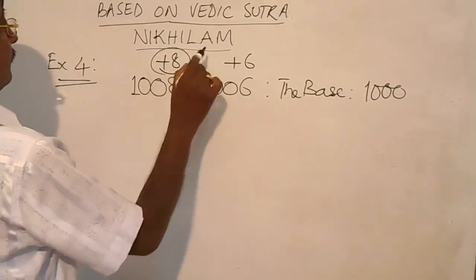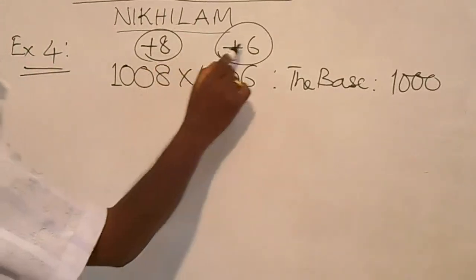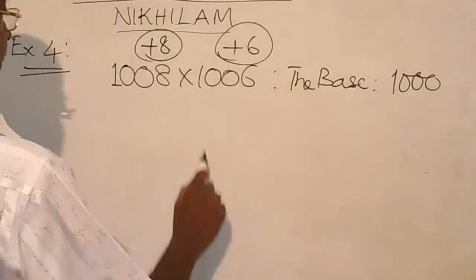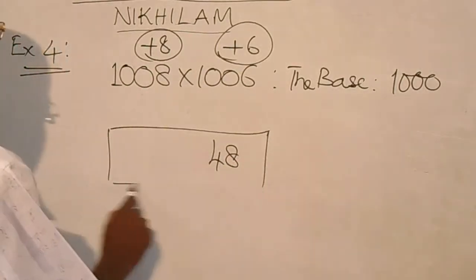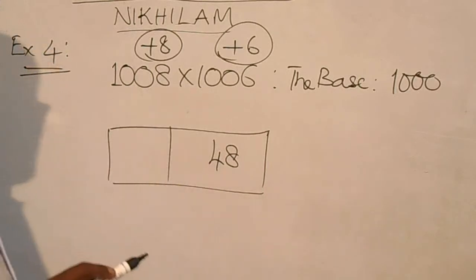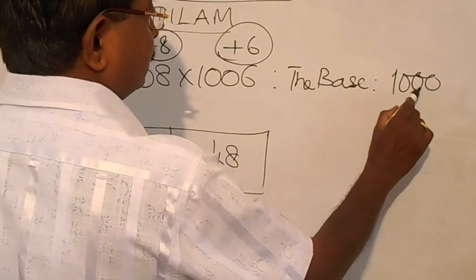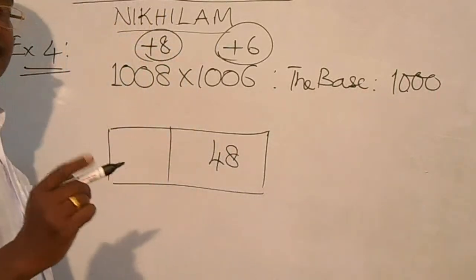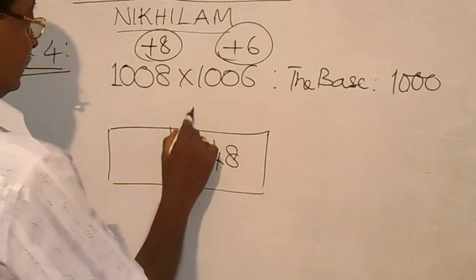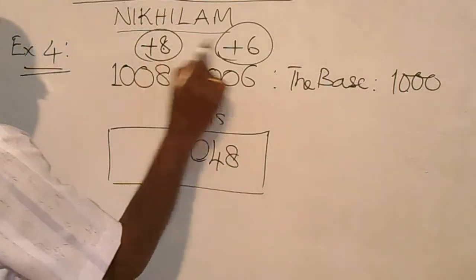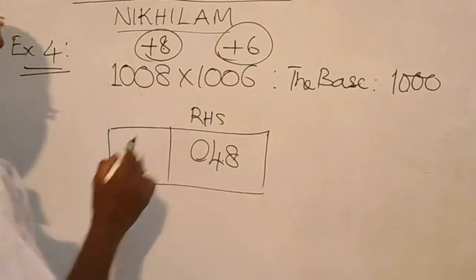So we will multiply and form the RHS. 8 sixes are 48, forming the RHS. But in this case, since the base is 1000, there are 3 zeros, so I should have 3 digits in the RHS. 8 sixes are 48, but I should have 3 digits, so I have taken 0 in between.